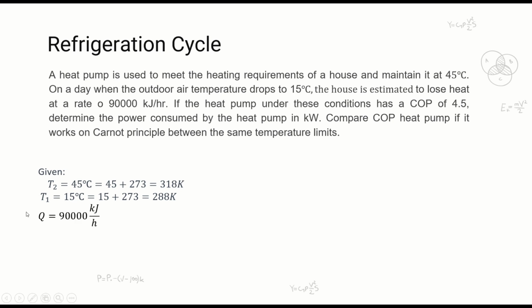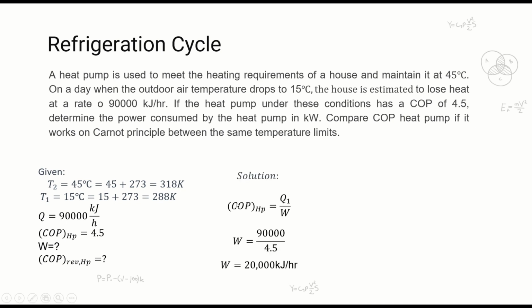We have Q, which is 90,000 kilojoules per hour, and for our COP of HP, or coefficient of performance, we have 4.5, and we are asked to solve for W. Let us first convert the degrees Celsius into Kelvin by adding 273. 45 plus 273 equals 318, while 15 plus 273 is 288 Kelvin. We are also asked to find the coefficient of performance of the reversible HP. So, let's start solving.